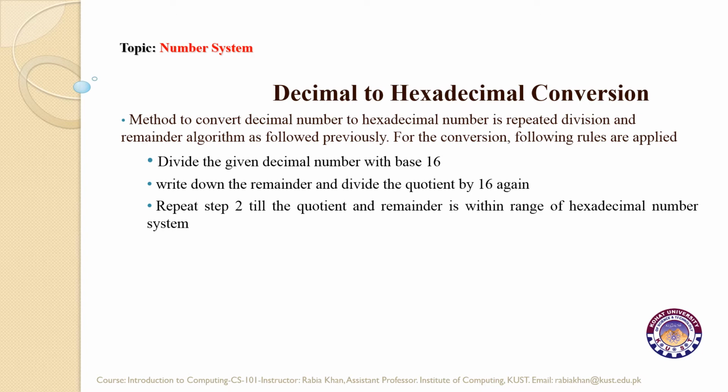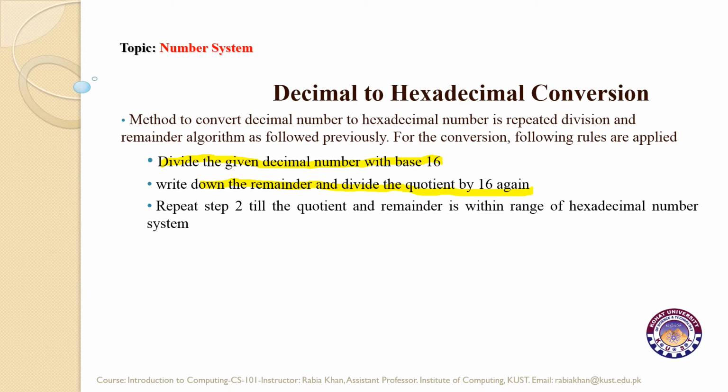So, the rules are mentioned here. We are given a decimal number. We need to divide this decimal number by 16. Why 16? Because 16 is the base for the hexadecimal number system. So we will note down the remainders and divide the quotients again by 16.